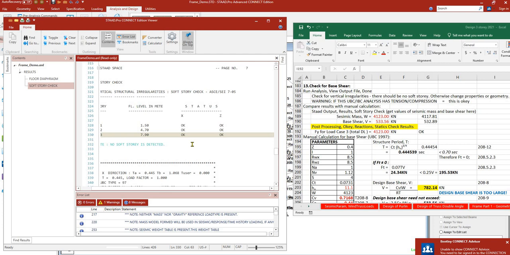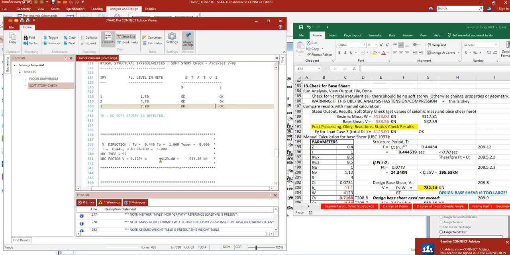And then, another part of that is yung drift. So, drift is another check for vertical irregularities. So, una, dapat tama yung computation natin. So, ito yung seismic mass na tinatawag, 4123.00.